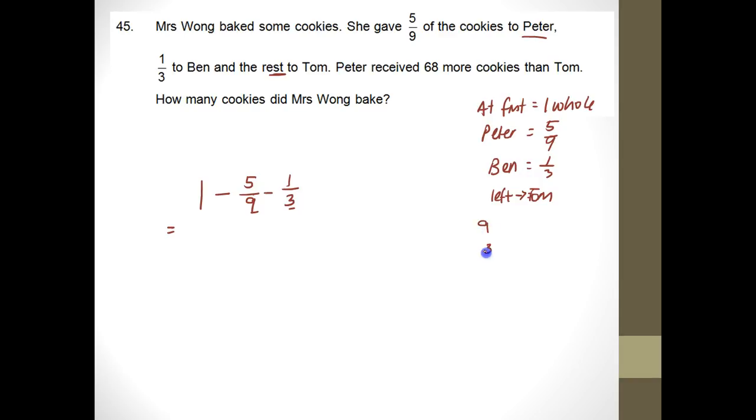I have 9 and 3, 6, 9. So 9 is the common denominator. So I have 9/9 minus 5/9 minus 3/9, because I multiply by 3. So Tom would get 1/9.